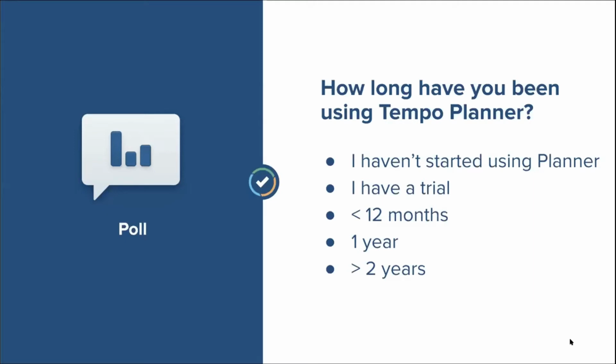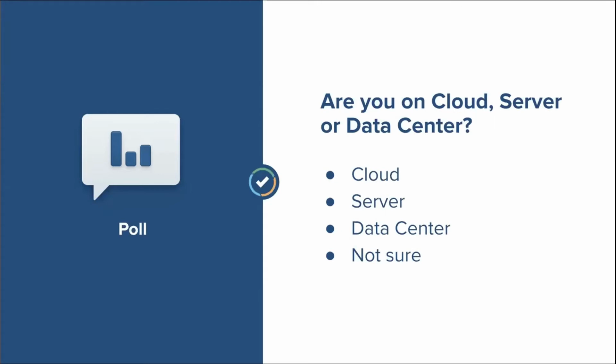So we'll stop sharing that poll. But since we have already started polls, we're going to go ahead and continue into the next one. We wanted to know whether you are on cloud, server, or data center. All right, I think that is everyone. So let's go ahead and end the poll and we'll see the results. So again, we have a nice mix of people on cloud and people on on-premise, and some that are not sure.